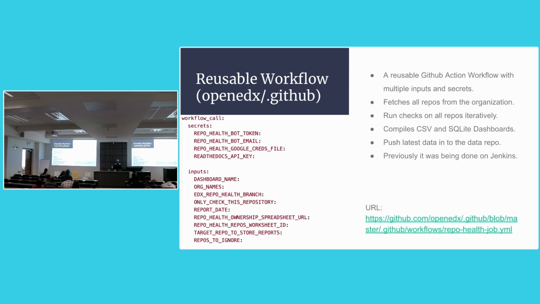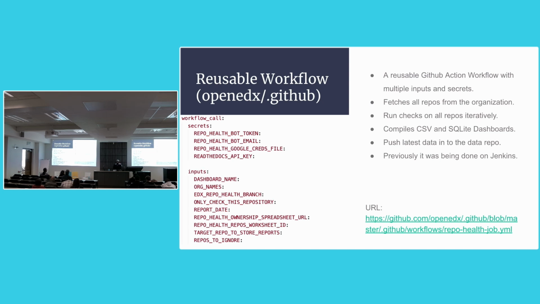It will just give us a CSV in the artifact. Then there are the health spreadsheet URL and worksheet ID, that's for Google Sheets, and the target repo to store reports. This will be used by anyone setting up for their own organization. This is the target repository. The structure of the target repository I will tell you later on in a later slide.